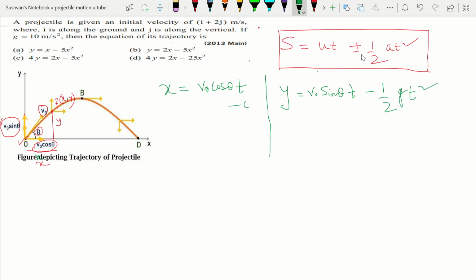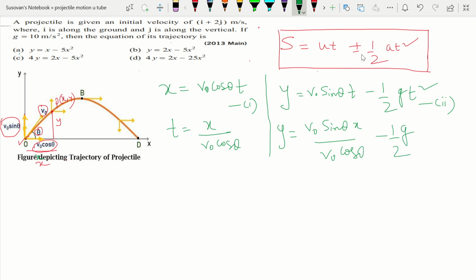So now both these equations have a common parameter t. So we will replace t by x in equation 2. Now if we put this value of t here, we will get v0 sin theta into x by v0 cos theta minus half of g, x by v0 cos theta whole square.